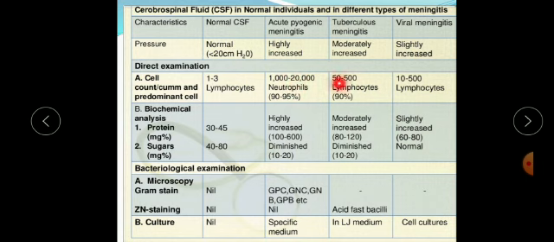In tuberculosis, the cell count is moderately increased, ranging from 50 to 500 cells per cubic millimeter, and lymphocytes are the predominant cell, about 90% of the component.